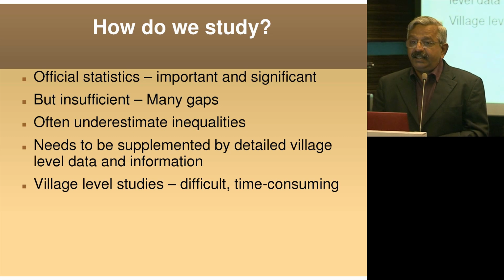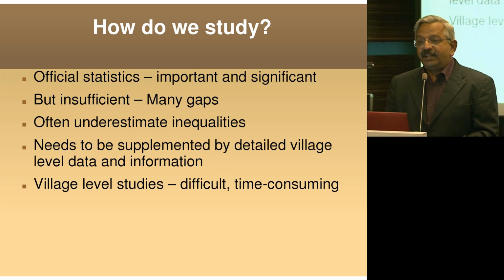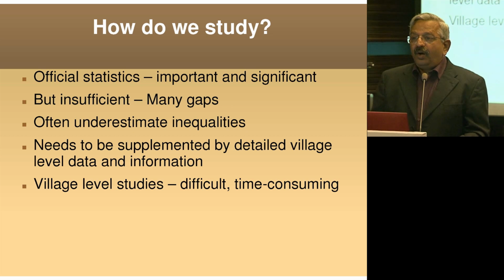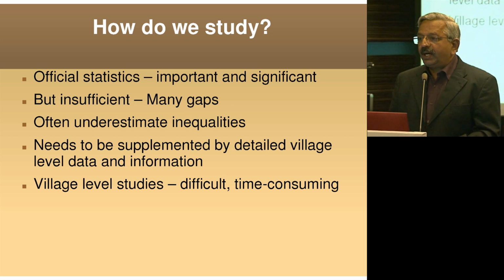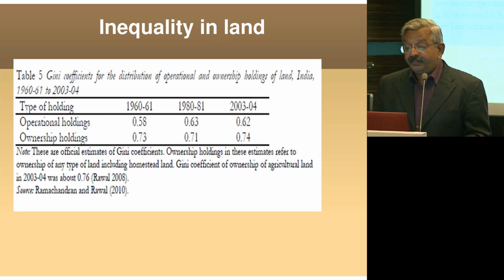And they have undertaken rather difficult, very detailed, time-consuming village studies across 23 villages across several states of the country, covering a wide variety of agroeconomic zones and with a very detailed exploration of the socio-economic and production conditions of agriculture in these villages.